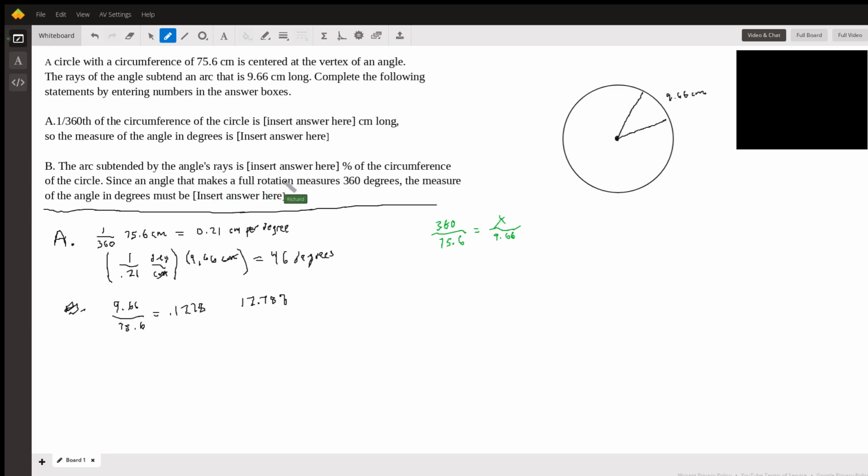Since the angle that makes a full rotation measures 360 degrees, the measure of the angle in degrees must be what? Well, this is part to whole, so we just take 0.1278 and multiply that by 360, and you get 46 degrees.